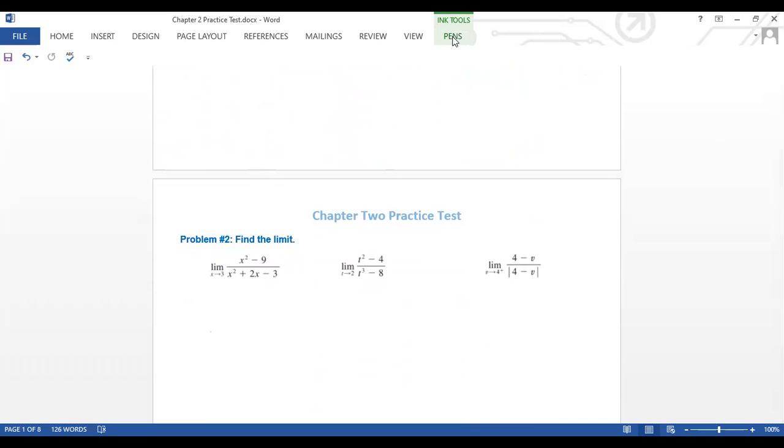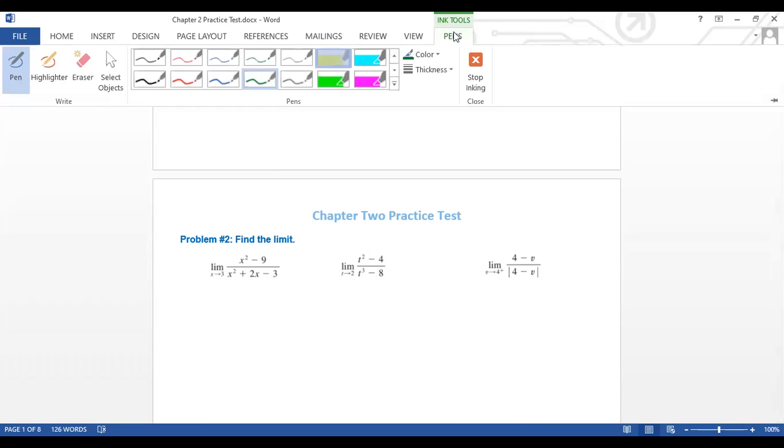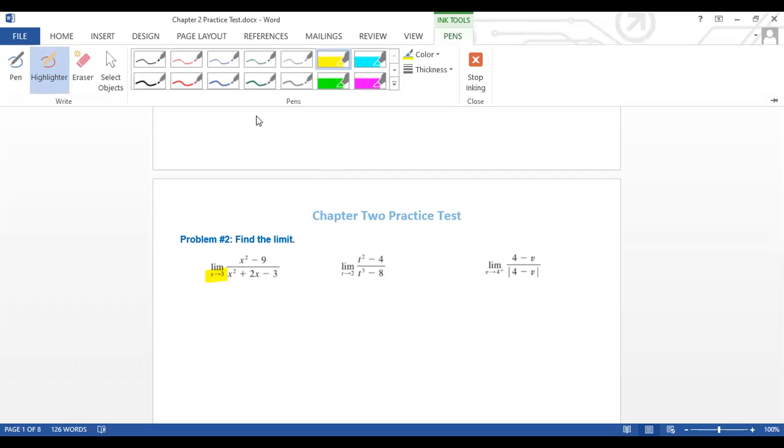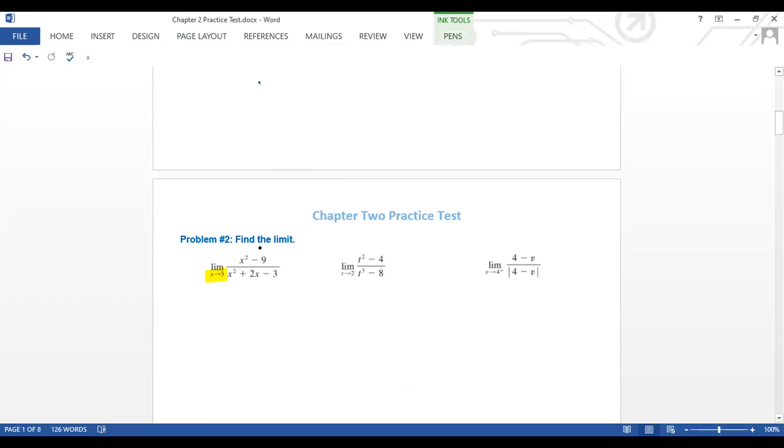So remember, when we find the limits, the first thing we always do is substitute your value into your function to see if it is defined or not defined. So if you substitute 3 into your function, you get 3 squared, so it's 9 minus 9 equal to 0.